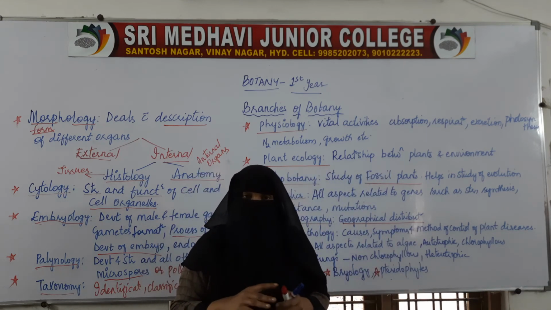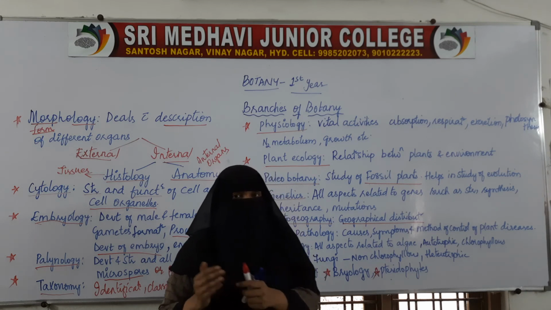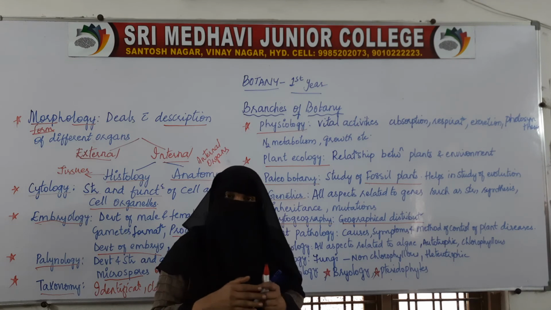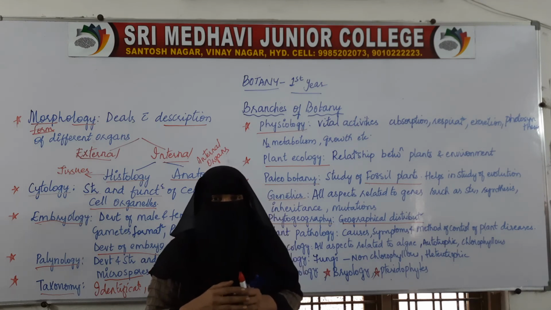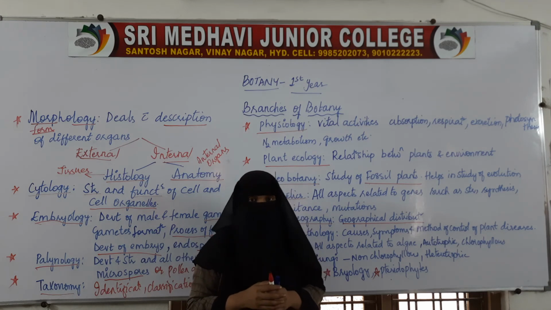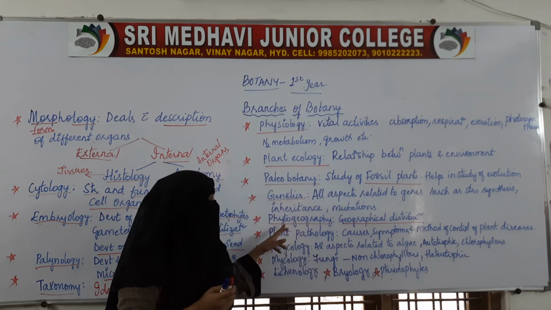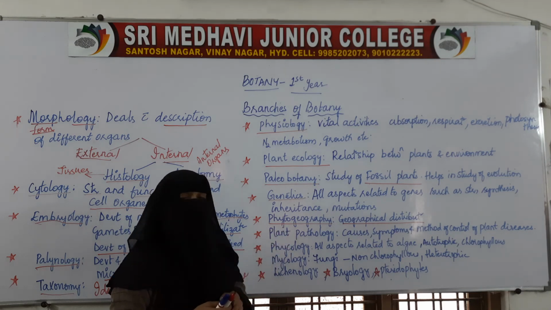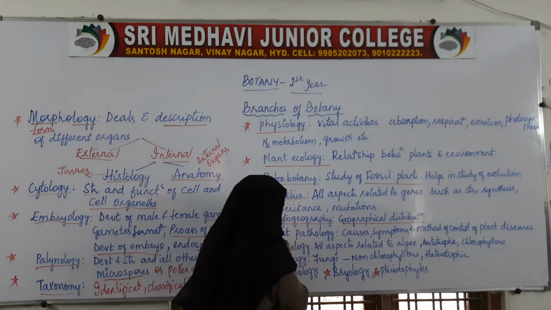All plants will not be present in all areas. Some will be present in deserts, some in polar regions, some in tropical forests. So it depends on the geographical area, how plants are distributed. That study is called phytogeography.